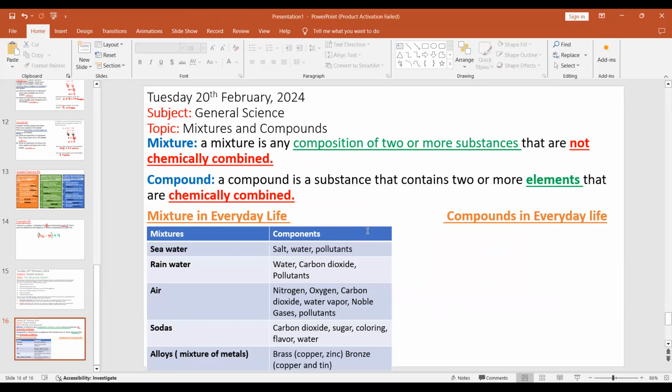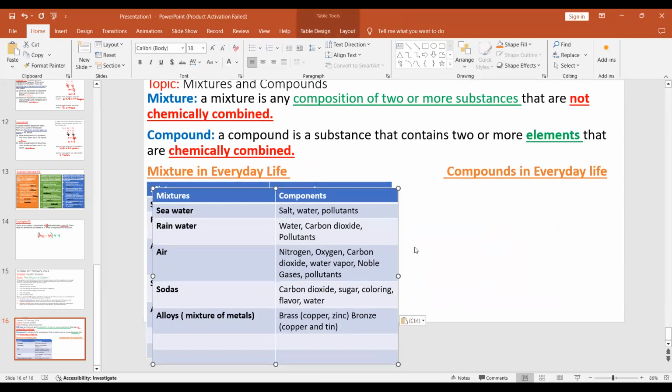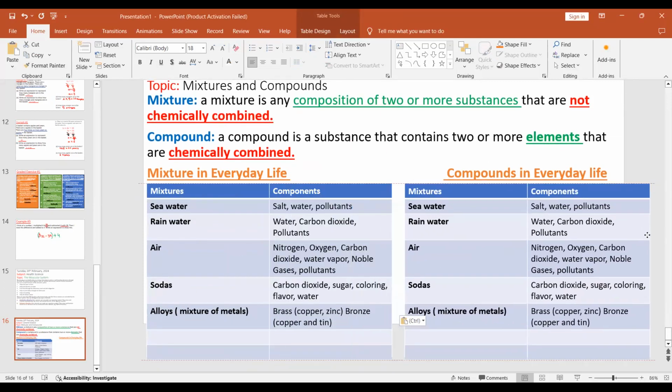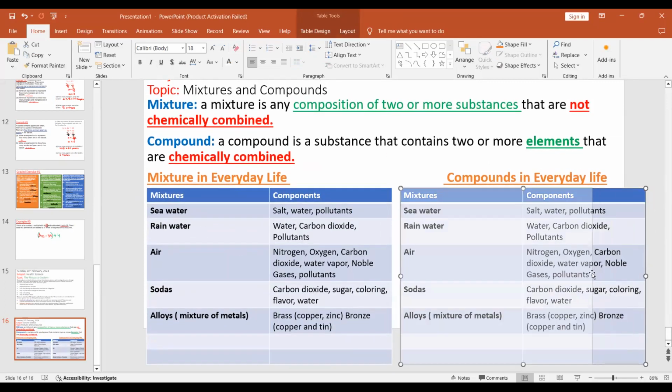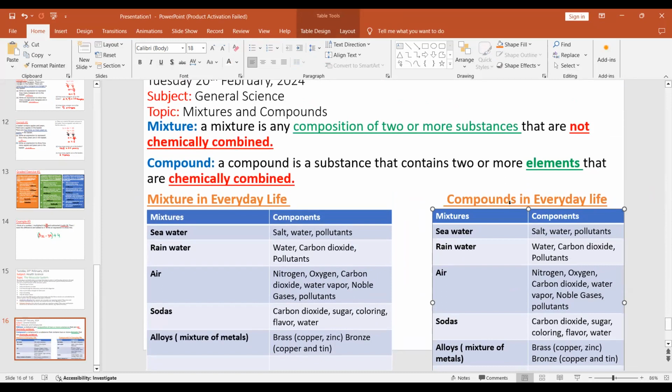All right, so let's look at this table. With the compounds, we have the common name, the chemical name.